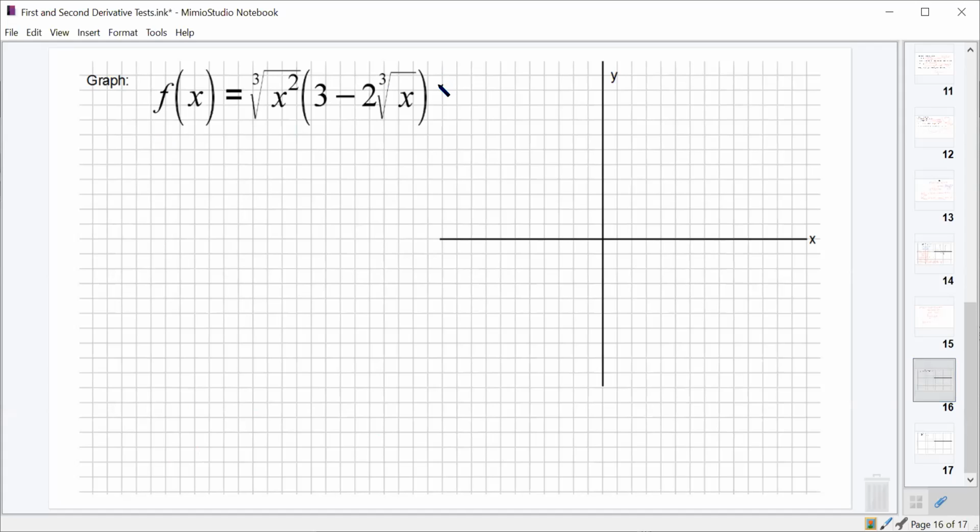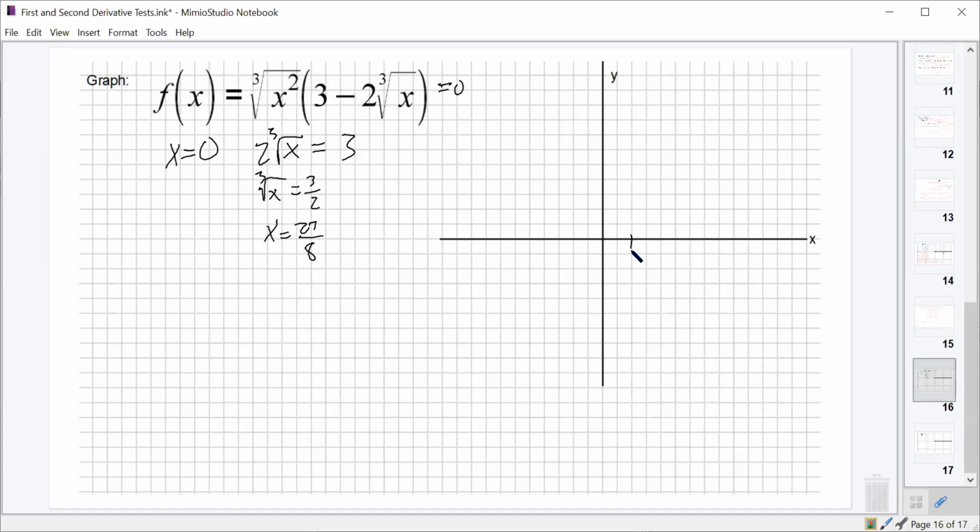So first off, let's find the x-intercepts, yeah? Set it equal to 0. When is the cube root of x squared equal to 0? When x is 0. And then what about this? This should be 2 cube roots of x equals 3, or cube root of x equals 3/2, or x equals 27/8.